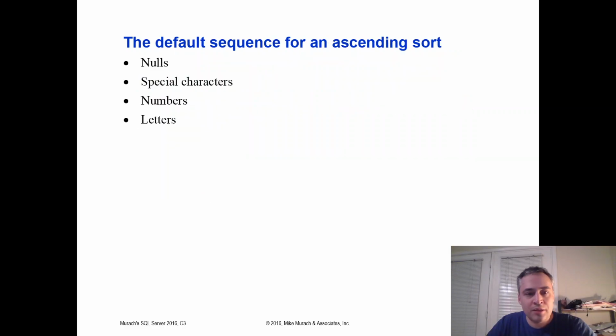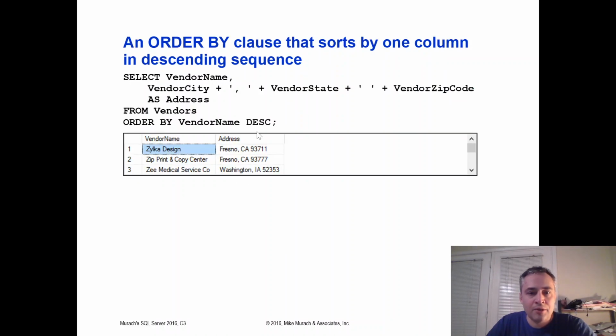That is called ascending ordering. The default ordering is ascending. In an ascending sort, the smallest are nulls, then special characters, then numbers, then letters, the highest. And if you want to order descending, you add the keyword DESC, and it is ordered descending.